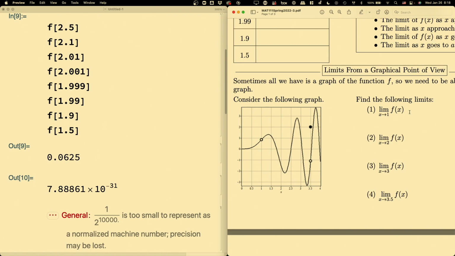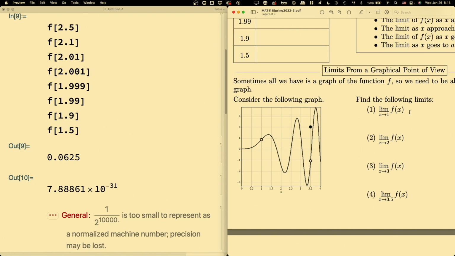Now, let's contrast this. Where else do we see a hole? 3.5 on x, okay? So what is f of 3.5? 2. How did you know that? Because there's a dot, okay?